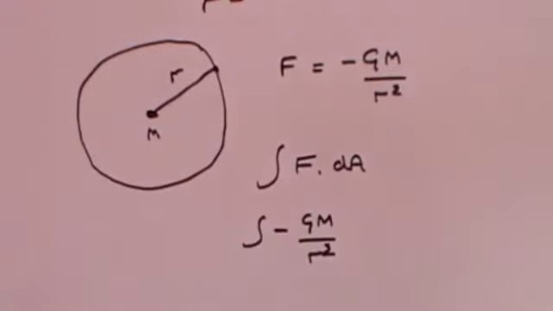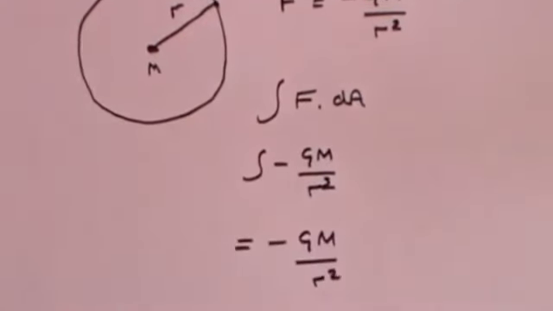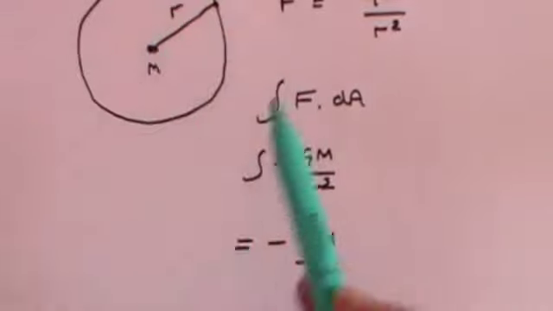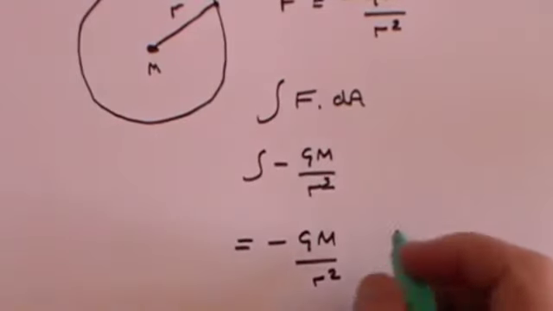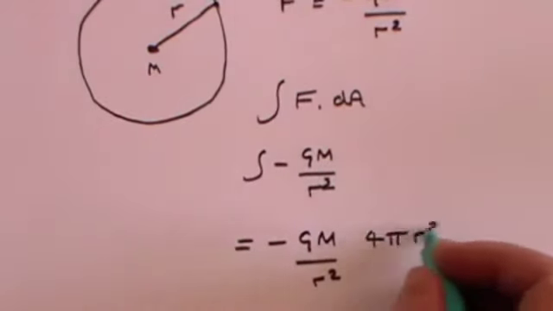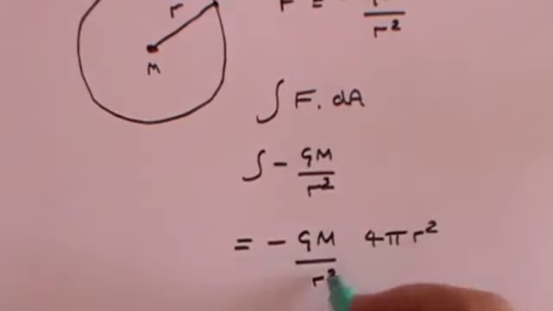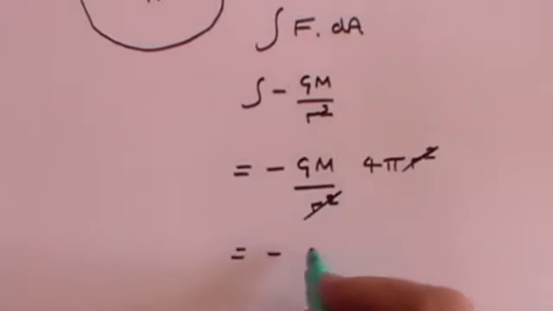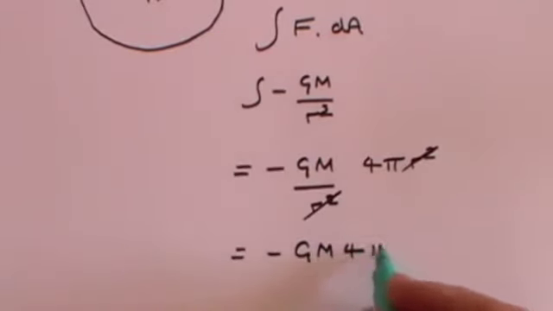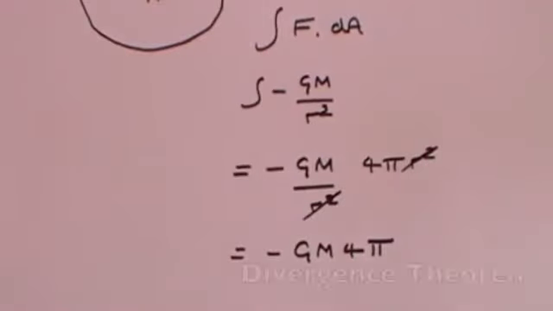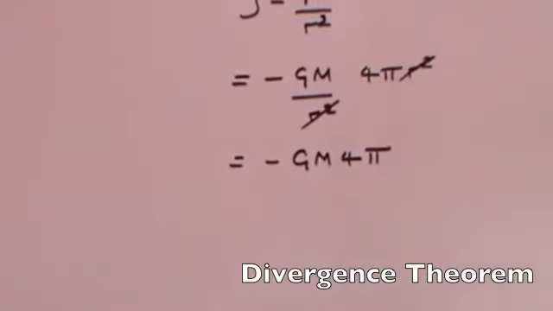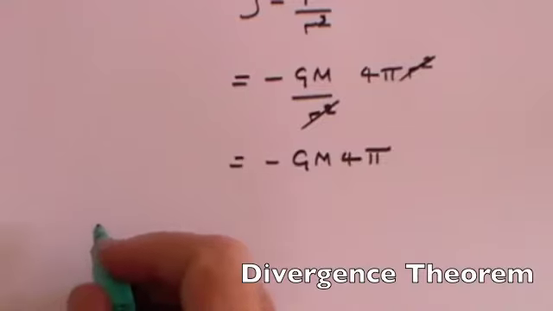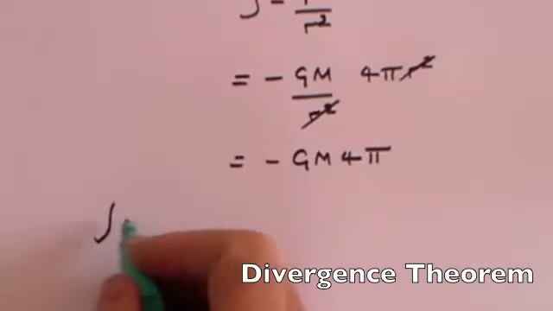If you integrate out, that of course is simply going to be equal to minus Gm over r squared times the entire area of the surface of that sphere of radius r, which is 4 pi r squared. The r squareds cancel, and so you find that that reduces to minus Gm times 4 pi. Now there is a theorem called the divergence theorem, which I won't derive, but you can look it up. I'll write it out first.